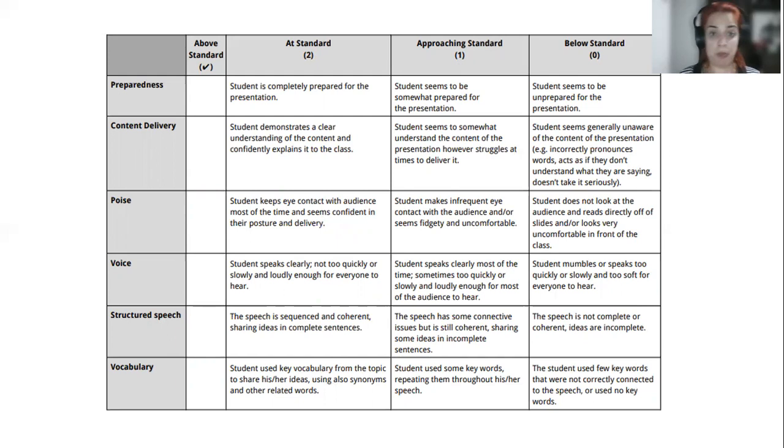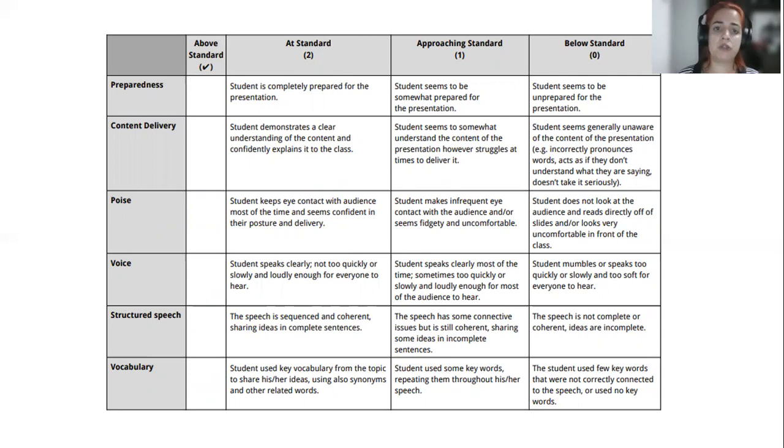We have preparedness. The student needs to portray confidence when giving his or her presentation. Also, when it comes to having some supporting material, some visual aids, that also comes into place when we're talking about preparedness.